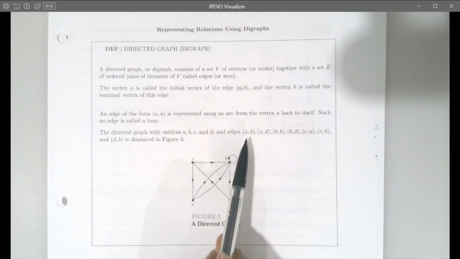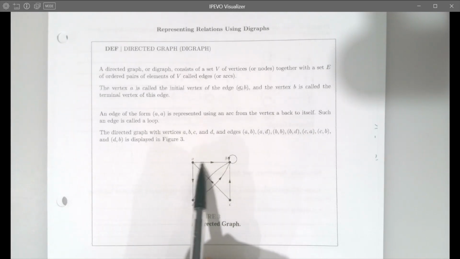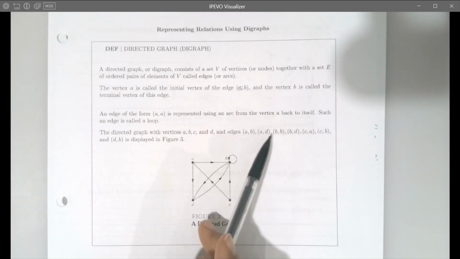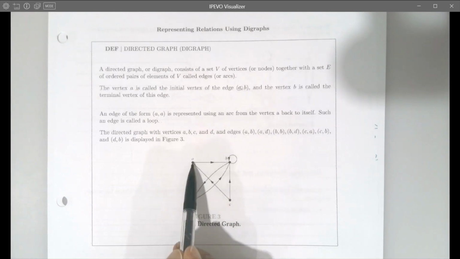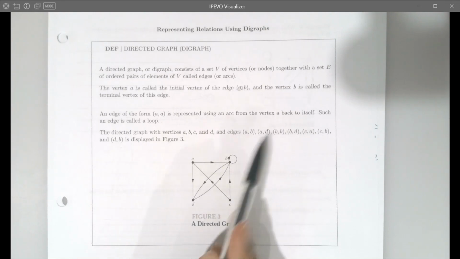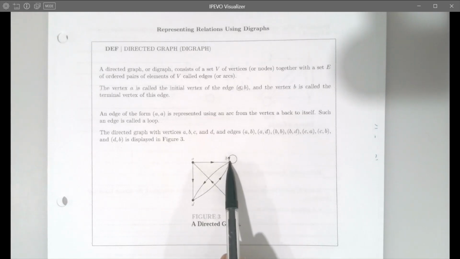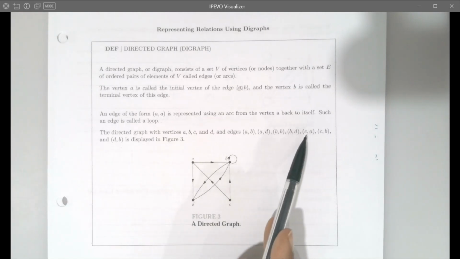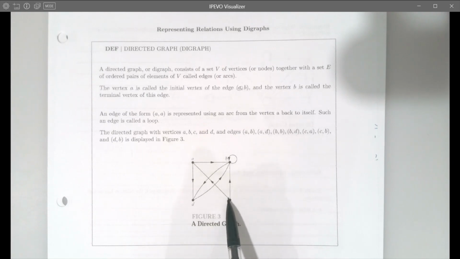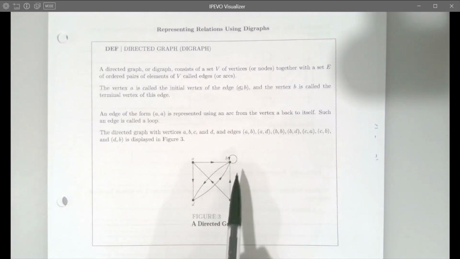So if we look at, for instance, the edge AB, that is represented with an arrow or a pointed edge from A to B. Then AD would be an edge emanating from A going towards D. Then BB is represented by a loop. BD is an edge going from B to D. CA is an edge from C to A. CB, same idea. And DB is this backwards going edge.